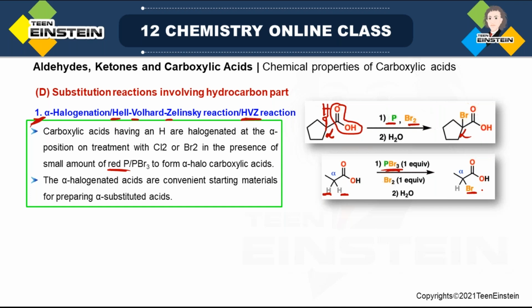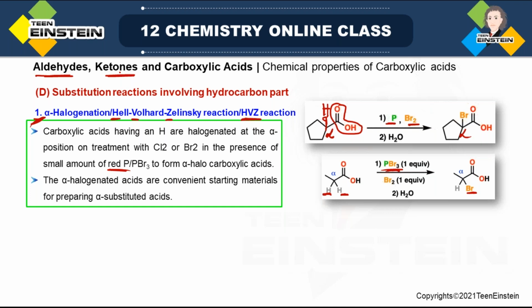One question may arise: when you consider simple aldehyde and ketone molecules, suppose there is some alpha hydrogen with respect to the C double bond O of the carbonyl group and you are substituting it with halogen, that type of reaction is also possible. But in those cases, you have not used this type of phosphorus compound.